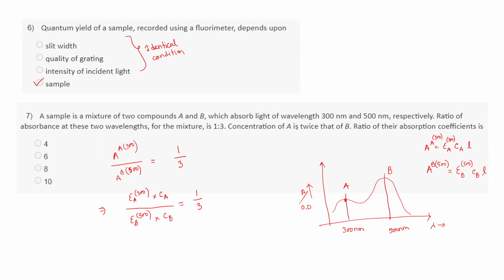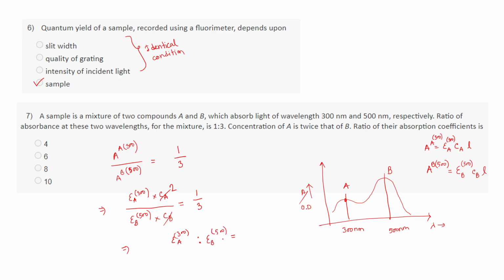The concentration of A is twice that of B, so cancelling C B we get a factor of 2 here. So ultimately epsilon A at 300 is to epsilon B at 500.